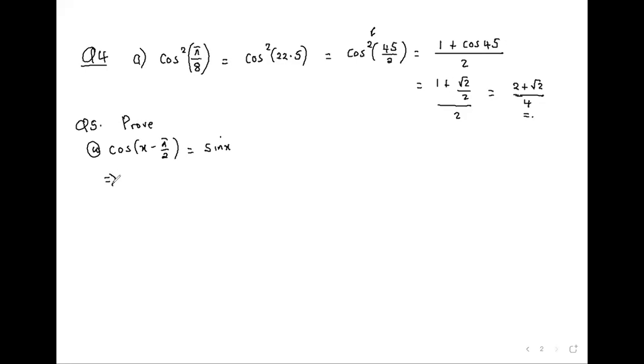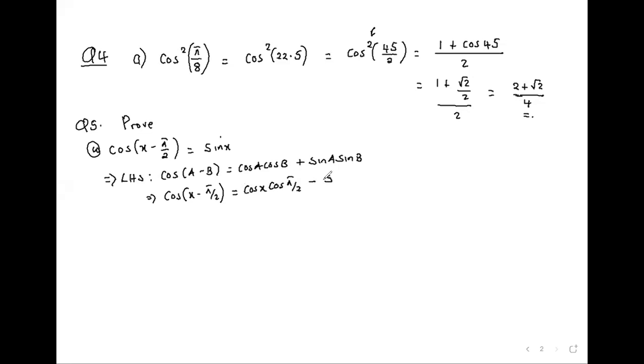Now we know that to prove it, we pick the left-hand side and expand. cos(A − B) is cos A cos B plus sin A sin B. So we'll have cos(x − π/2), which is cos x cos(π/2) plus sin x sin(π/2).